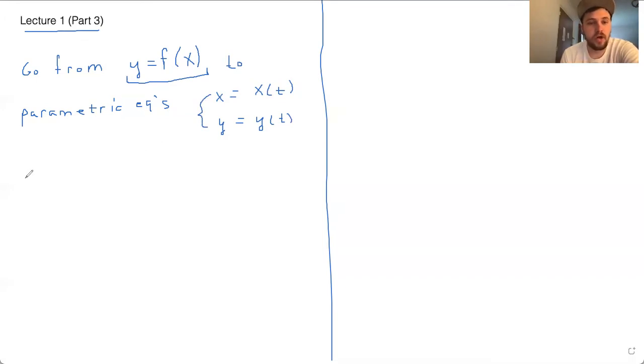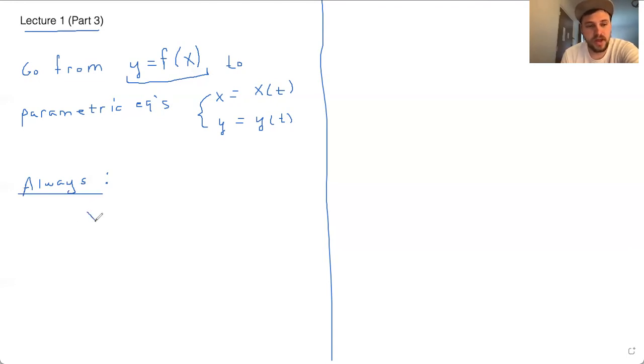So there's always a nice, not maybe easy, but a simple parameterization that we can introduce. We can always do this. So we can introduce a parameterization as follows.